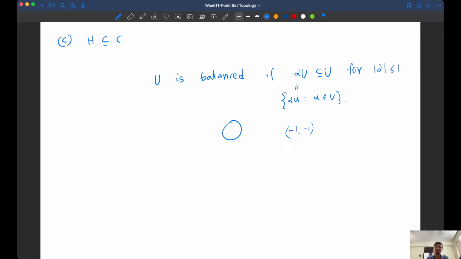For the rational number thing, that is immediate, because you are also scaling by real numbers. But for others, it is not immediately clear whether balanced sets are closed.